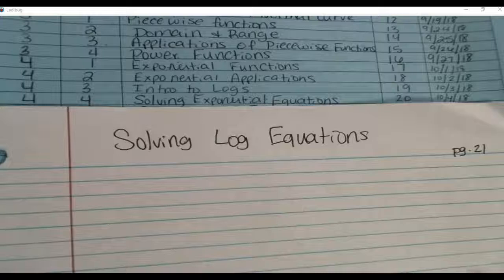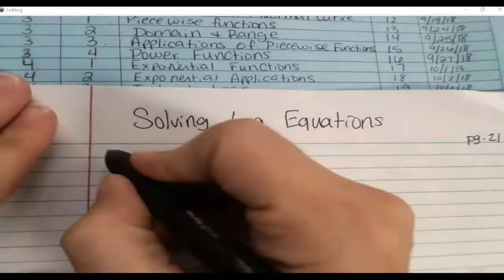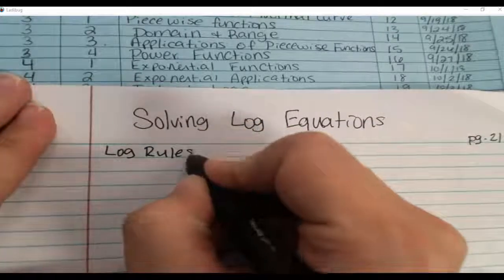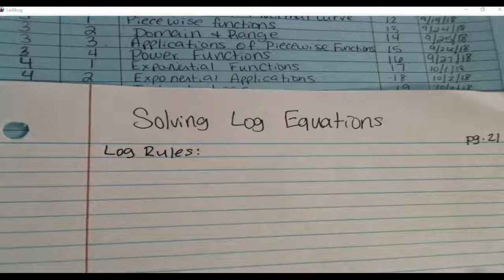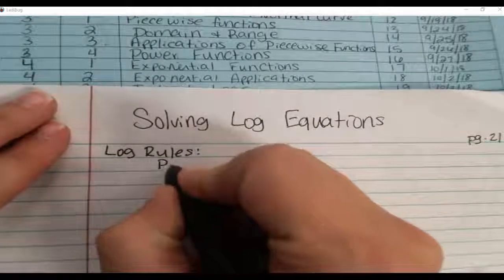So the first thing that you need to know about solving equations is that there are certain log rules or properties. And there are 3 of them. And the first one is the power rule.